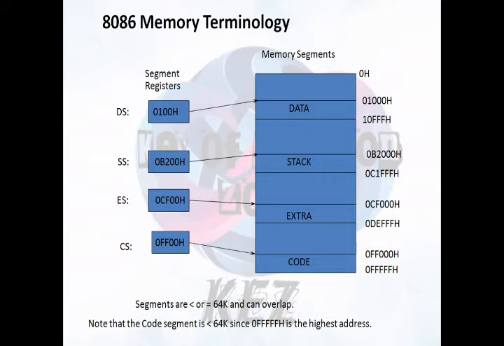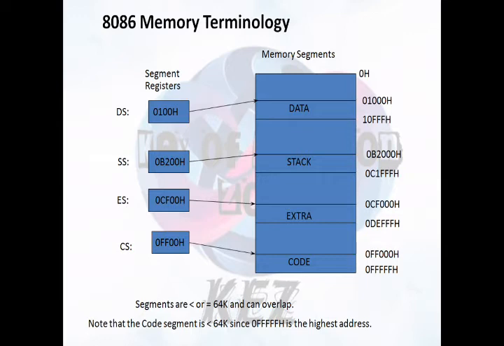So in hexadecimal, how it will be segmented, you can get this terminology from the screen. Once more you have to remember, segments are up to 64K and can overlap. So a maximum of 64K, 0 to 64K is possible, and they can overlap.